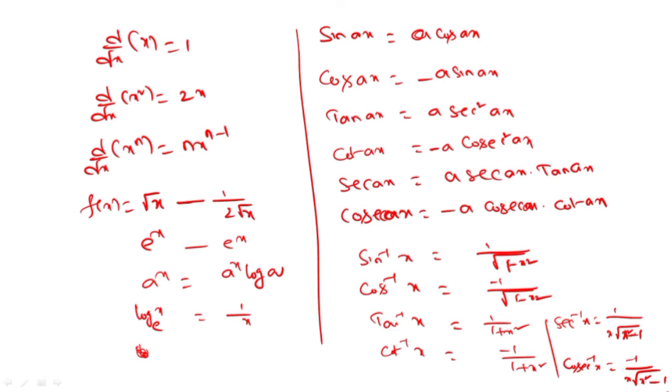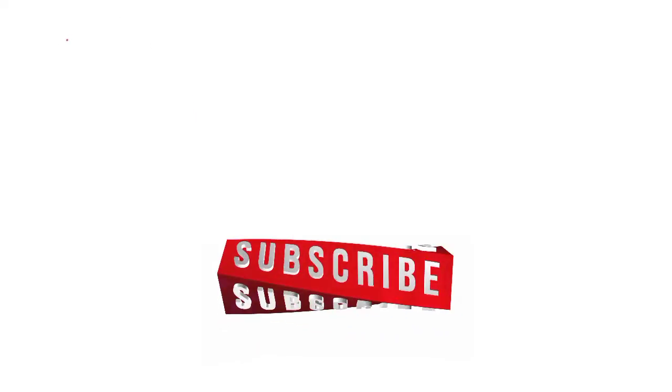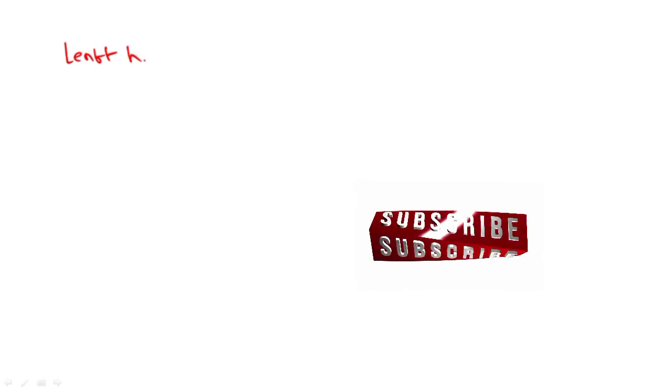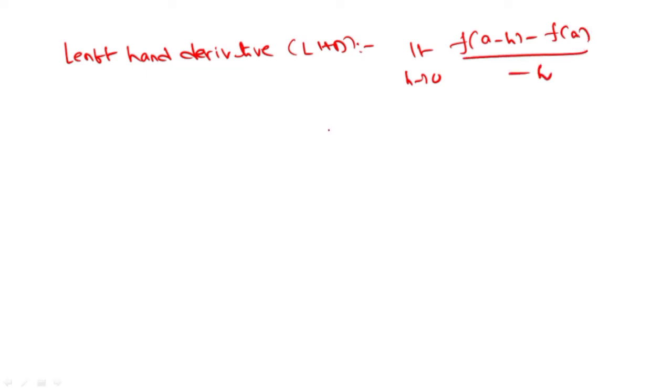There are many; you can go through your intermediate and you will get them easily. In the case of derivatives, we sometimes have to find the left derivative and the right derivative. The left hand derivative, LHD, is the limit as h tends to 0 of (f of a minus h minus f of a) by minus h.